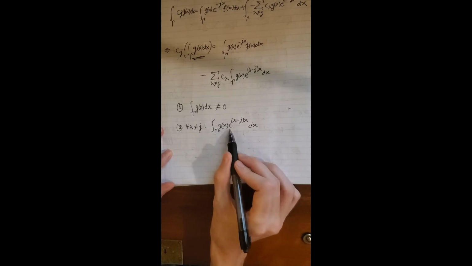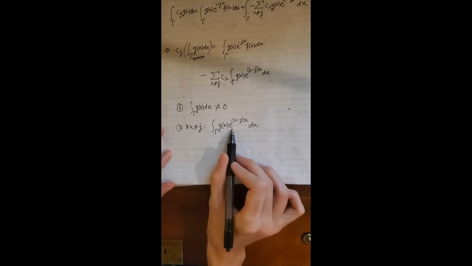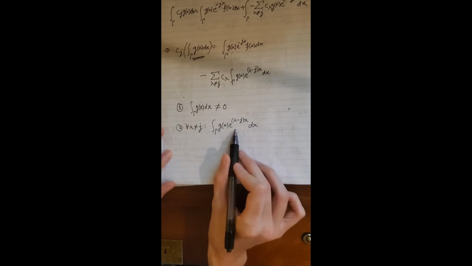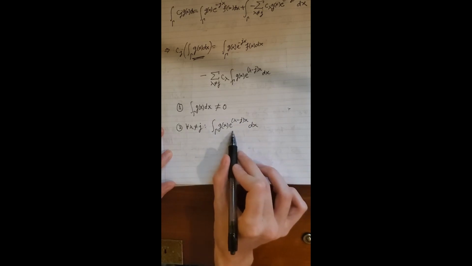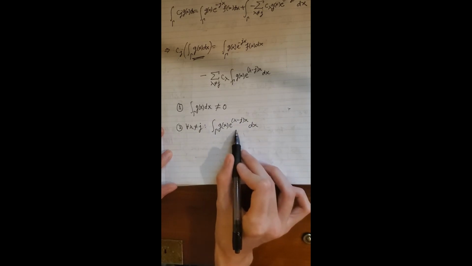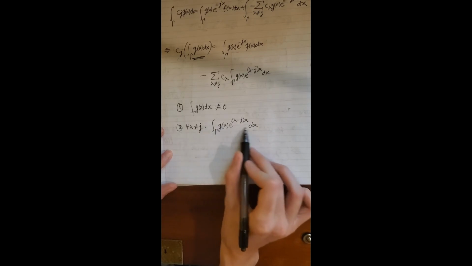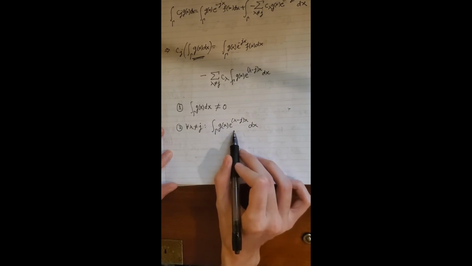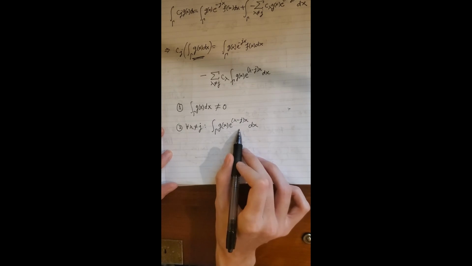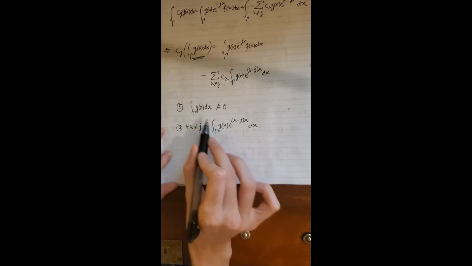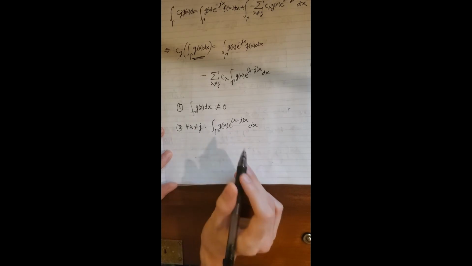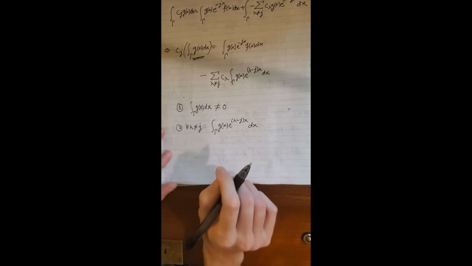But because this function here is periodic, and since e to the x is an eigenfunction of taking the derivative, the antiderivative of e to the x is going to be related to this function. It's also going to be periodic. So what we can do is just set g of x equal to 1. We didn't actually need this function g of x.